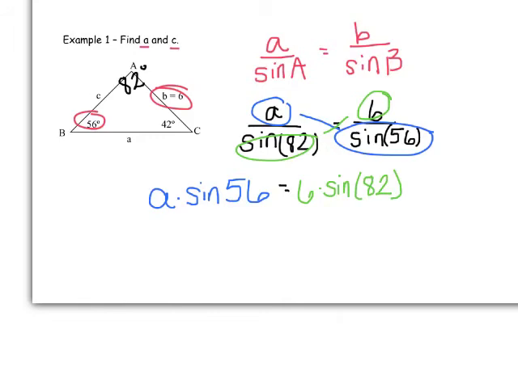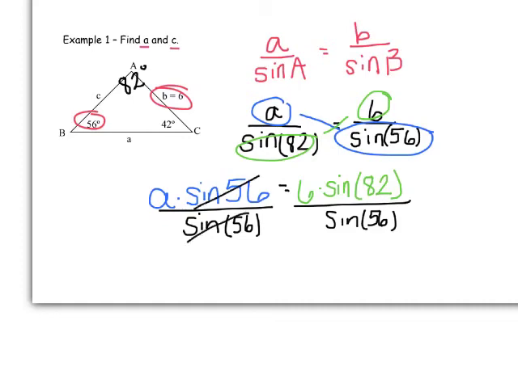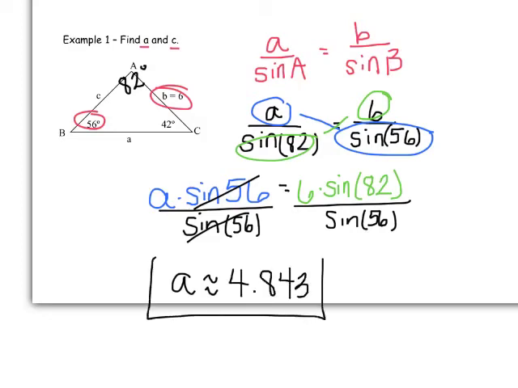And then to get a by itself, I'll divide by sine 56. And so I get a is approximately, and then just type this into the calculator. So if you type it into the calculator, go ahead and do that. You get a is approximately 4.843.